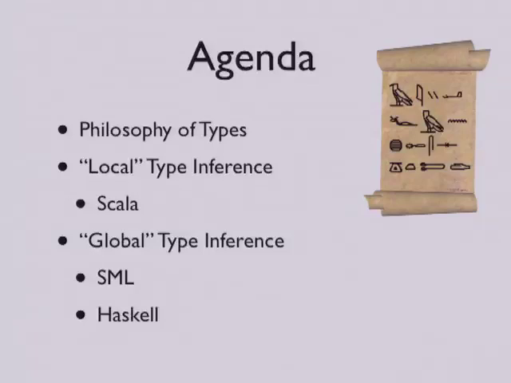And then take that and look at those features, and what does that force us to do at a higher level in terms of the type system? And once we've got that groundwork in place, we're going to look at two different forms of type inference. One of them is local inference. That's a very, very common one. The other one is global inference, which shows up a lot in functional languages like Haskell and SML.